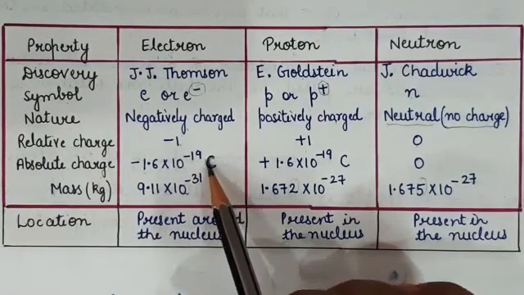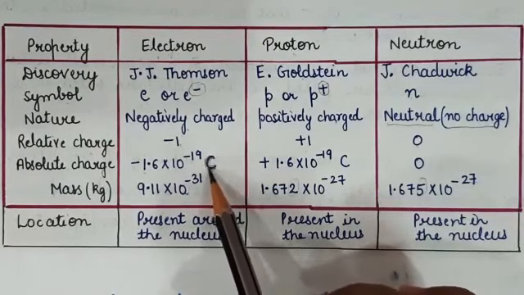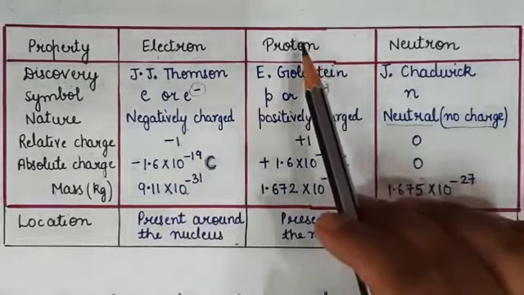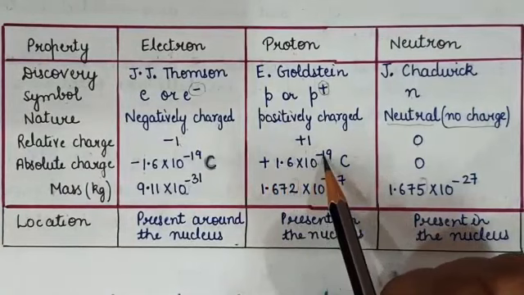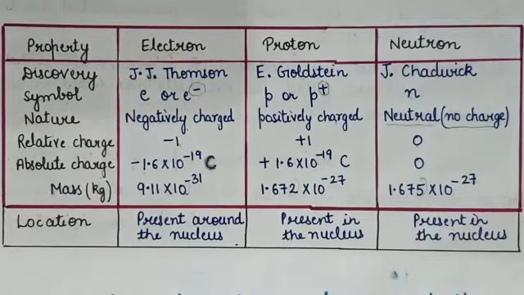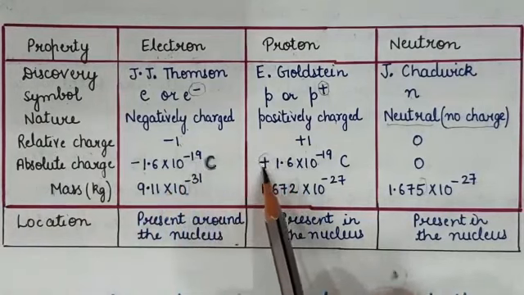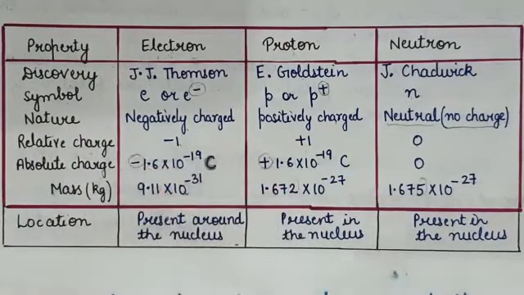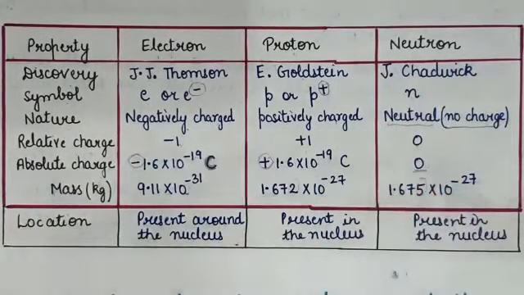Coulomb is the SI unit of charge, so that's why I have written C. C means coulomb. Proton carries +1.6 into 10 to the power -19 coulomb. The charges are the same, just the difference is in the sign. And neutron has no charge, so 0.